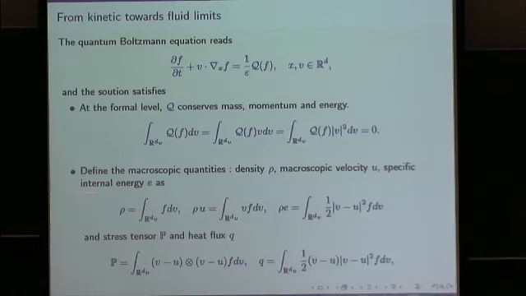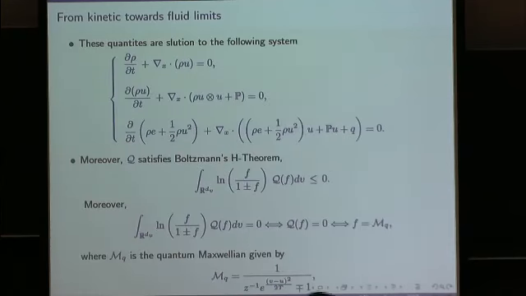You define the momentum rho u by computing the integral of v f, and you define the internal energy like this. You also define the pressure tensor and the heat flux in that way, and then if you multiply your Boltzmann equation by 1, v and v squared, you get this system of PDEs.